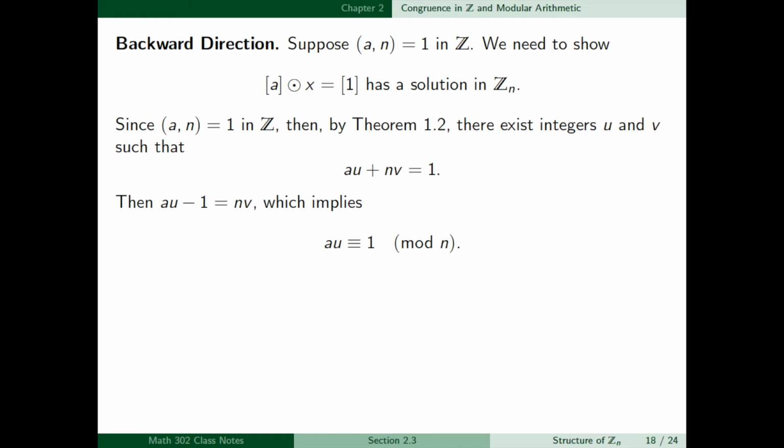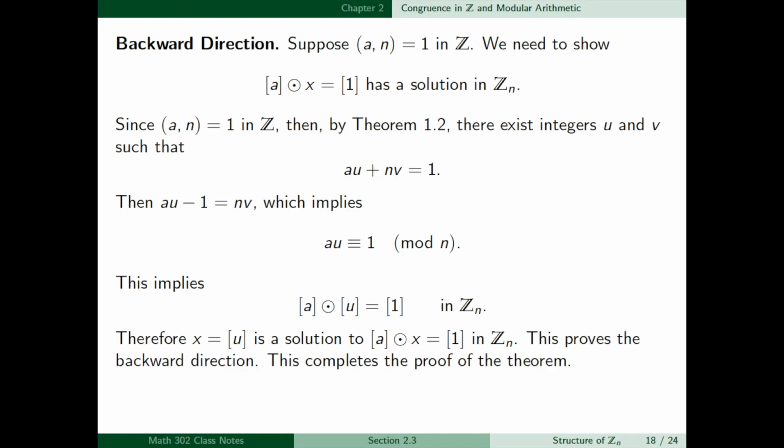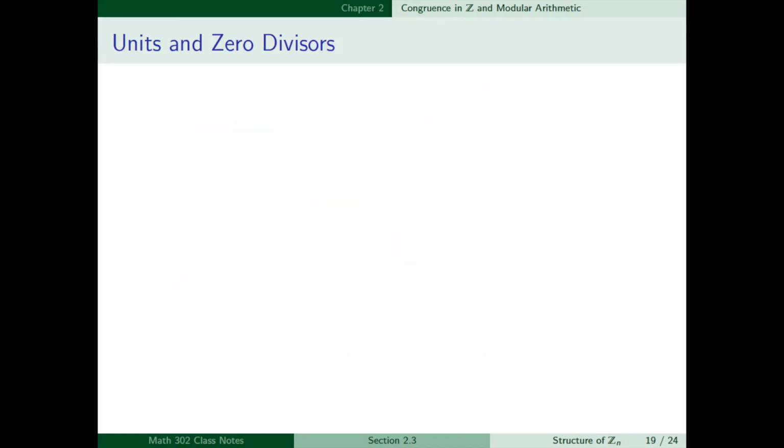So then au minus 1 is equal to nv, which implies that au is congruent to 1 mod n. And this implies that the class of a times the class of u is equal to the class of 1 in Z sub n. And therefore x equal the class of u is a solution to the equation class of a times x equals the class of 1 in Z sub n. So this proves the backward direction, and this completes the proof of the theorem.